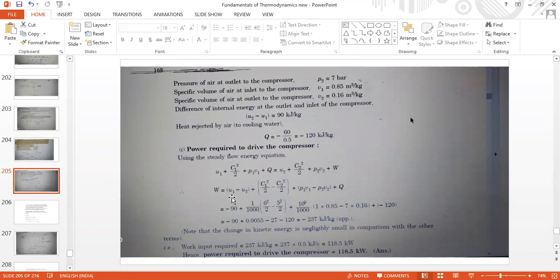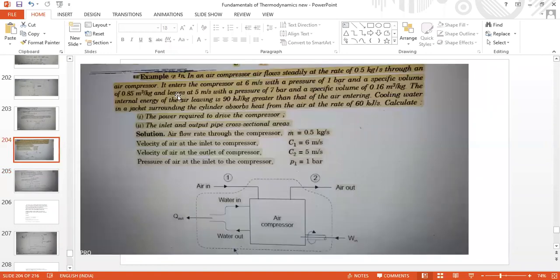And I said U2 minus U1 equal to 90. Instead of that, he has written U2 minus 90. Either you can write U2 minus U1 plus 90 or U1 minus U2 minus 90, because it is given in the problem that the internal energy of the air leaving is 90 kilojoule per kg greater than that of the air entering.